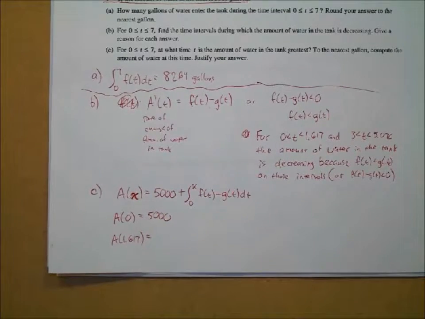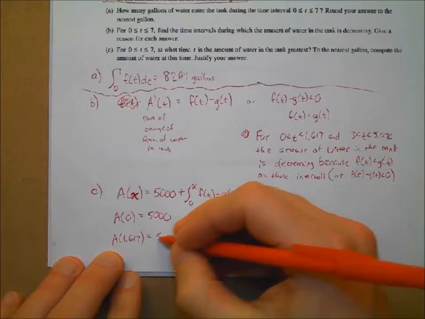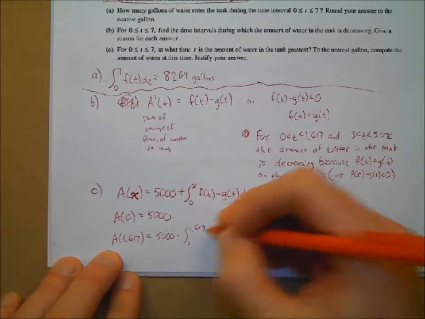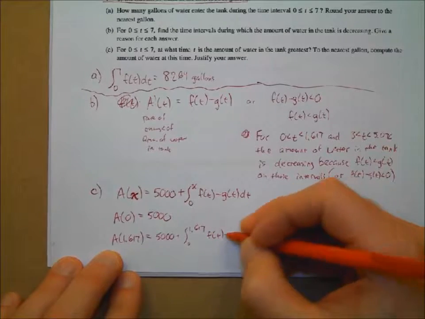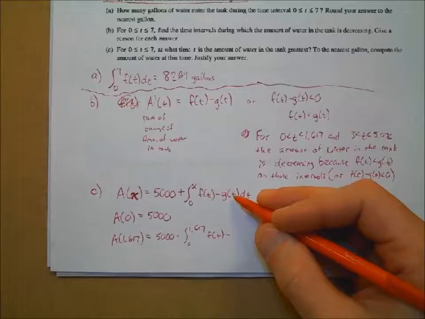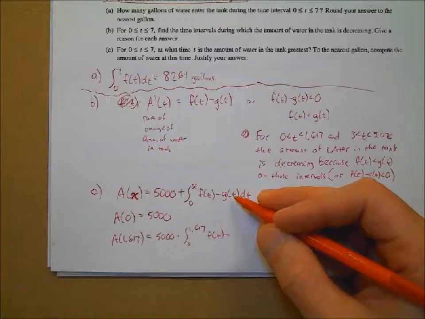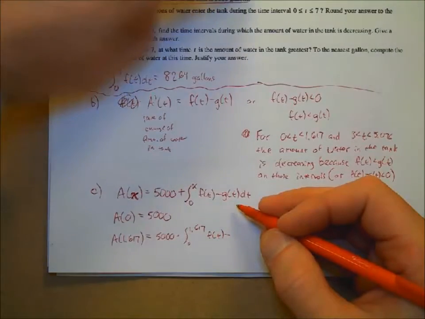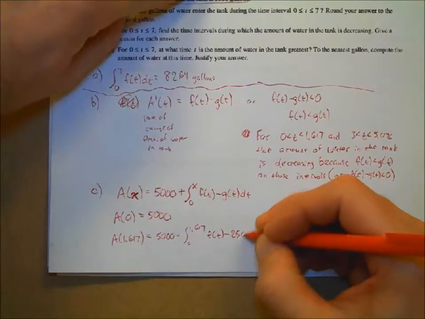Which will be 5,000 plus the integral from 0 to 1.617 of f of t minus g of t. What will g of t be in this case? 250, right? Because our t value, 1.617, is between 0 and 3. So it's going to be minus 250 dt.